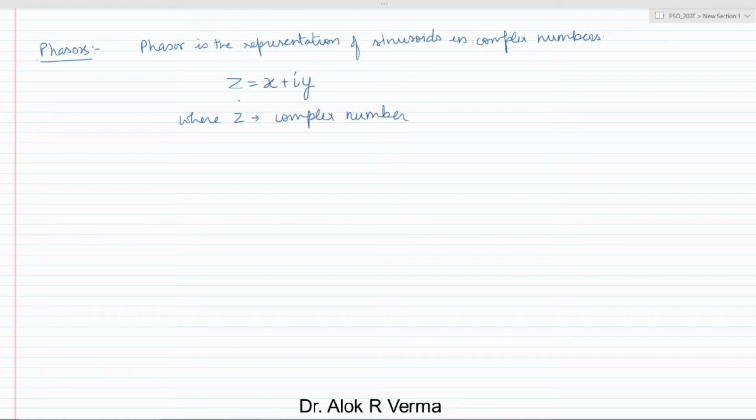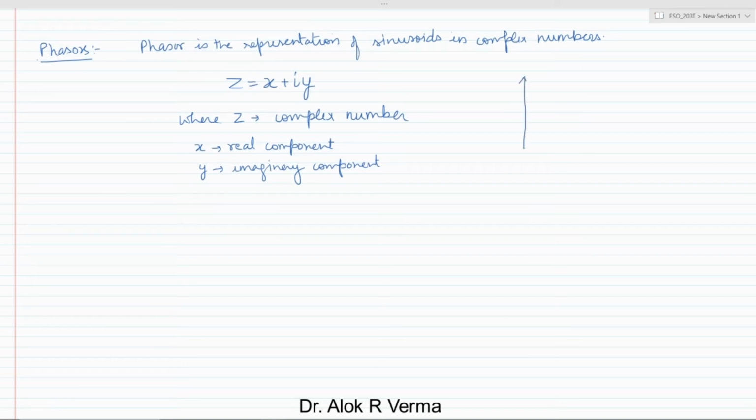This is basically the Cartesian form, and x and y are real values. So x is the real component and y is the imaginary component. These are the two components.